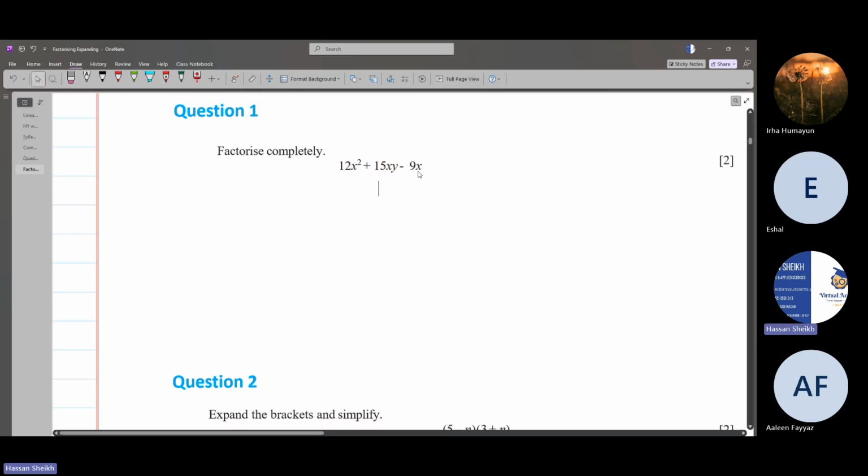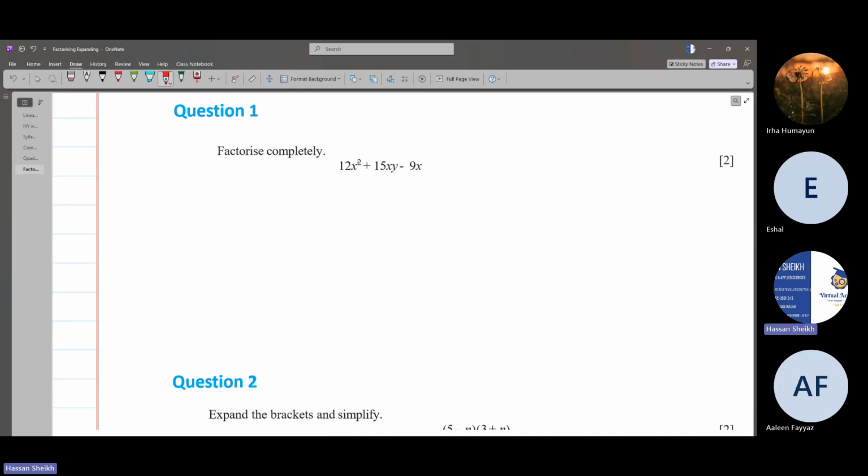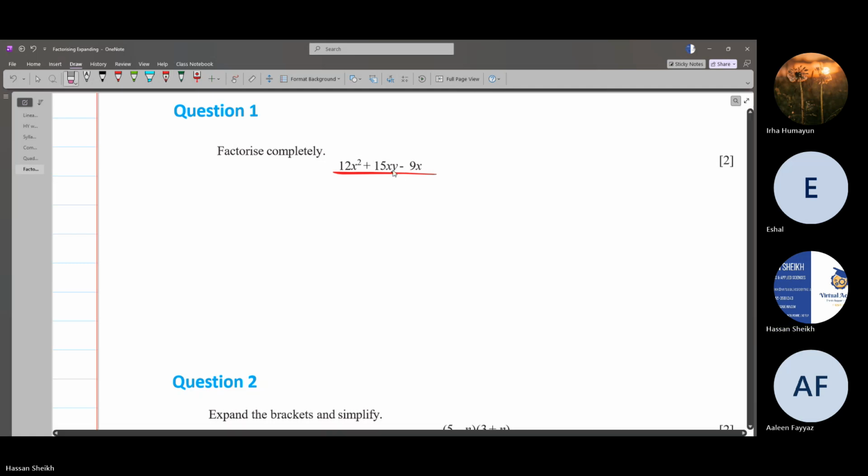There is no like term. And Isha, what type of expression is that? This is quadratic, because the maximum power of the variable is 2. Now we need to factorize this, and tell me whether it's an expression or an equation. That's an expression. Got it?